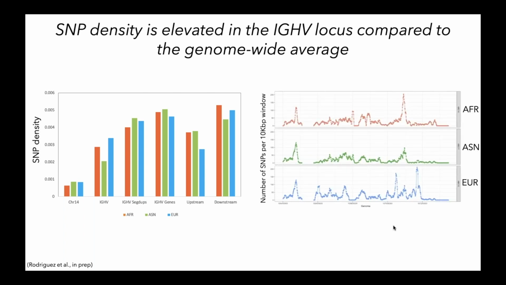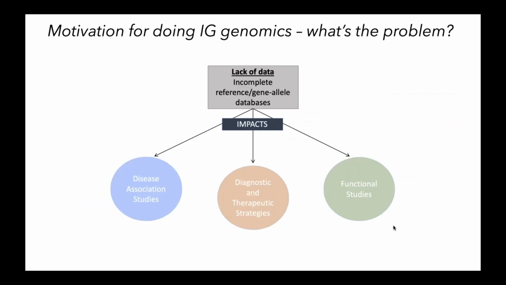And of course, this variation is not uniform across the locus, and some of the regions are a bit more variant dense than others. So what does all this mean? The big issue here is that despite the fact that we understand that these regions are really complex and that there is variation in the population, we have a poor set of tools to go in and interrogate these regions.